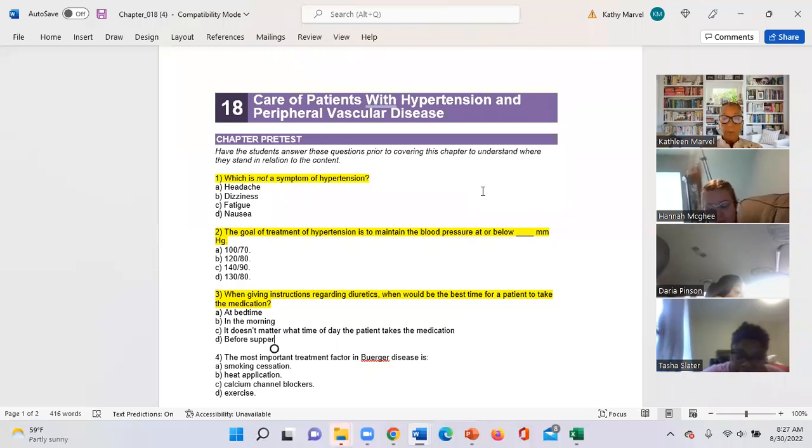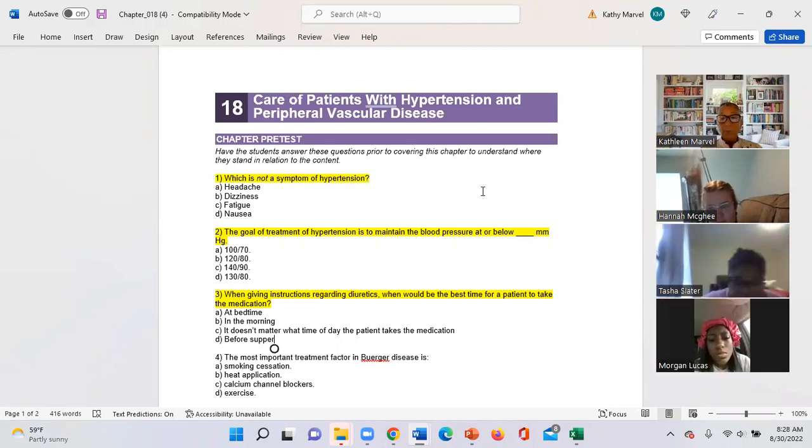What about number 2? Is it B? B as in boy? Yep. Okay. That's something you definitely need to know. And then what about number 3?